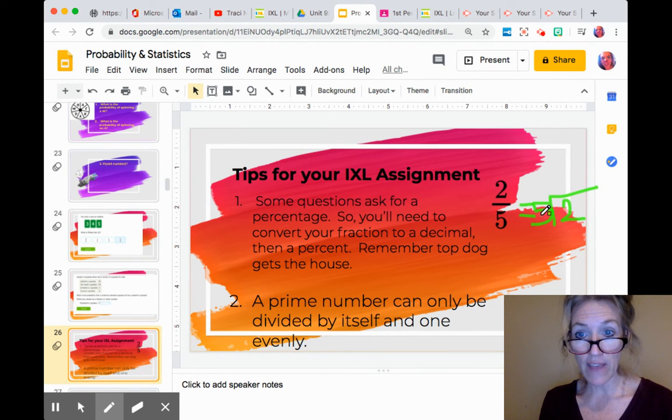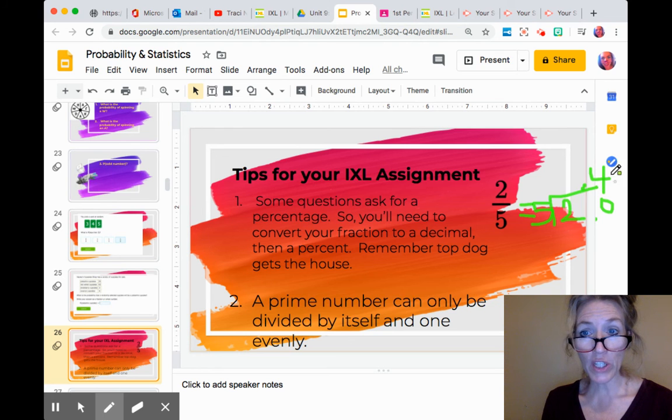So you're going to say 5 goes into 2. Well, it doesn't, so you add a decimal and a 0. Now you can say, how many times does this 5 go into the 20? Well, it goes in there 4 times.